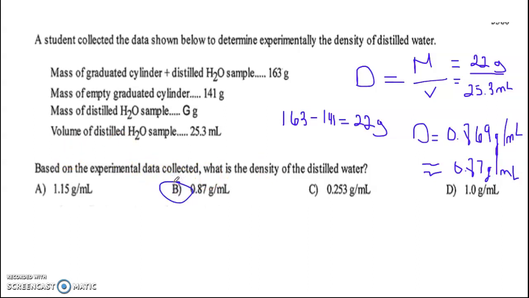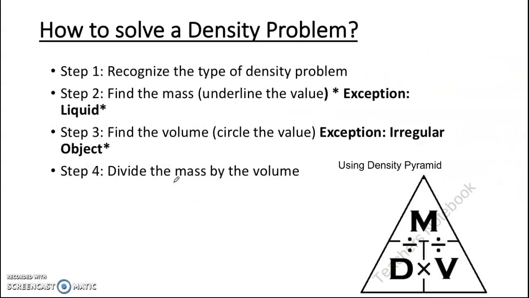I also wanted to give you this last slide to help you figure out what to do when you're solving for density. First, recognize the problem. Are you dealing with liquid, regular, or irregular density? You need to determine that. Find the mass and underline that value.